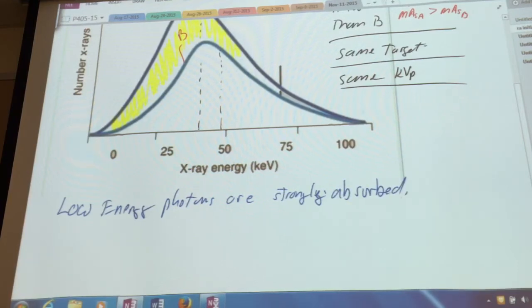Low energy photons are strongly absorbed. And what this has the effect of doing is changing the average beam energy.